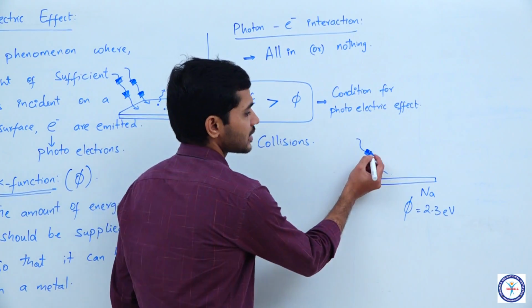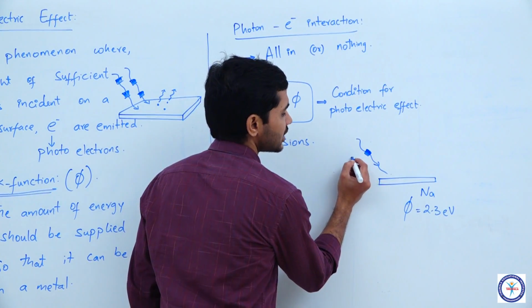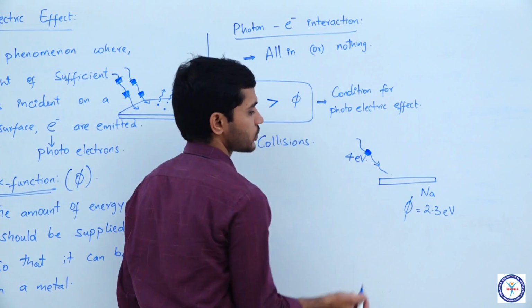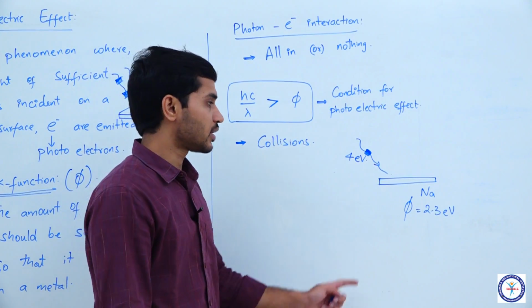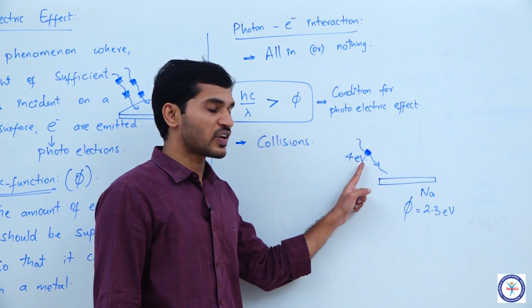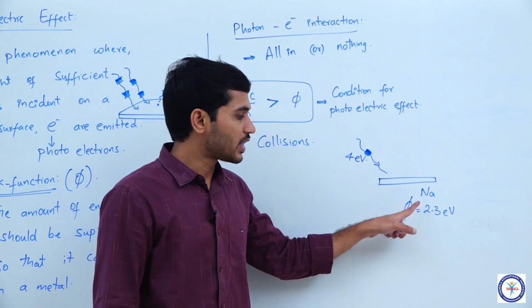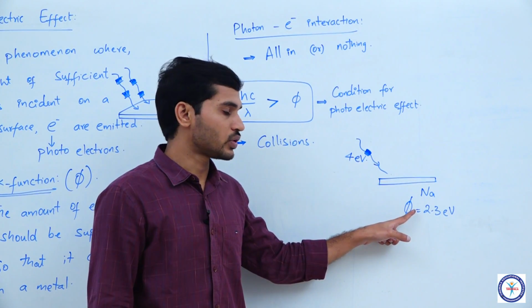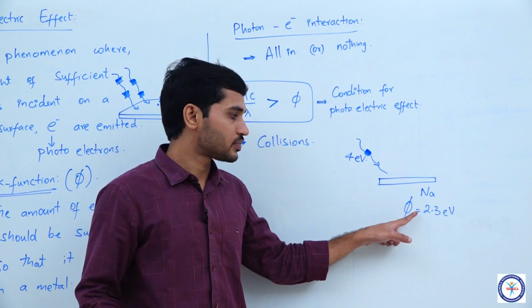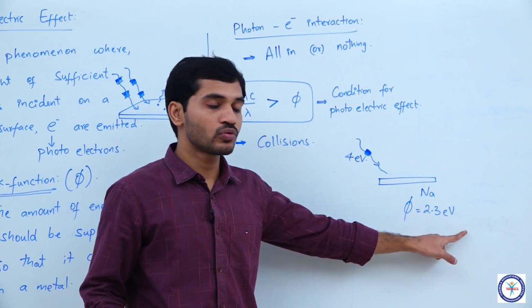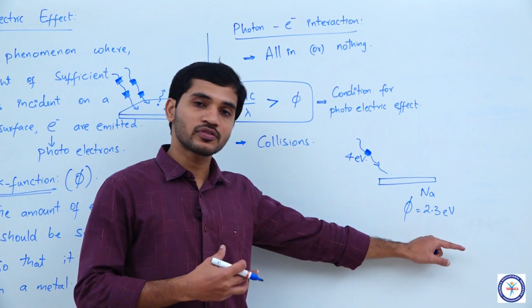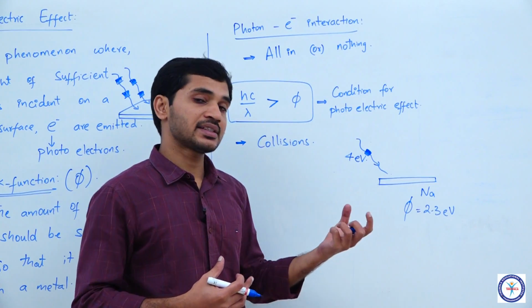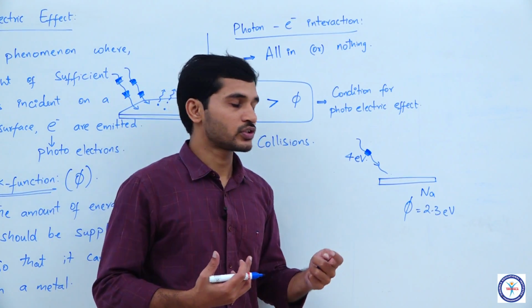Now, let us consider that this photon has an energy of 4 electron volts. Let us take a scenario like that. This 4 electron volts of energy which the photon has will get transferred to the electron. Now, the electron in the process utilizes 2.3 electron volts to come out from the bounds of the material, and it has an extra 1.7 electron volts.